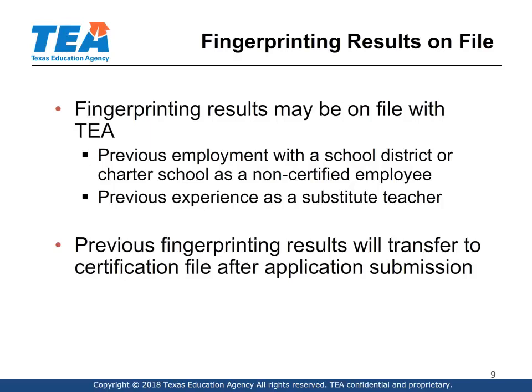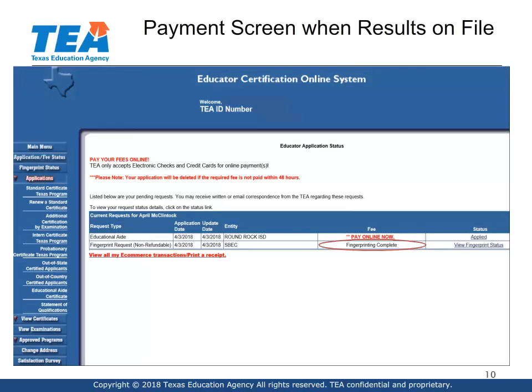Be aware that results are transferred to the certification application 24 to 48 hours after the submission of an application. When prior fingerprinting results are on file with TEA, the payment screen will show Fingerprinting Complete in place of the Pay Online Now link. Only the certification fee would need to be paid in this case.